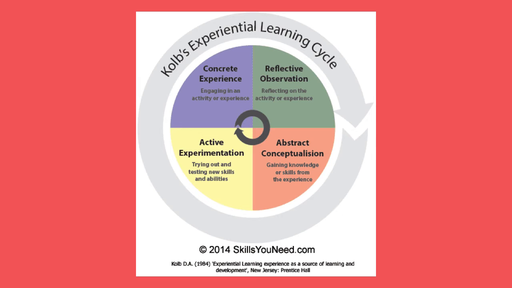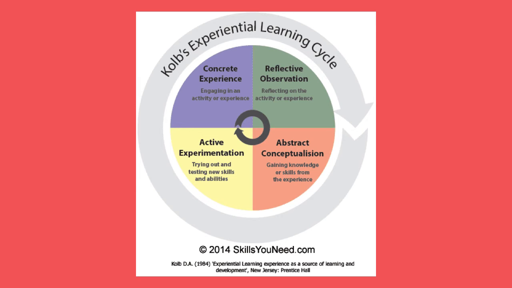And so the baby's going to move into the green segment, top right, reflecting on this experience. Okay, I made this sound and everyone got really excited. What does this mean?